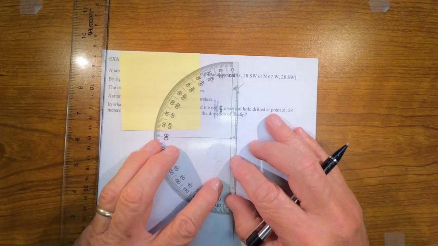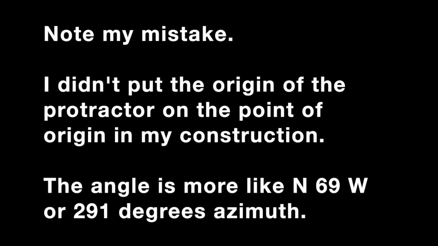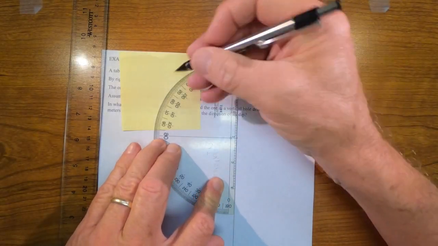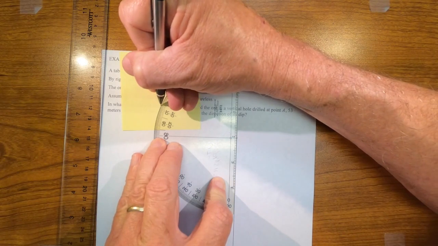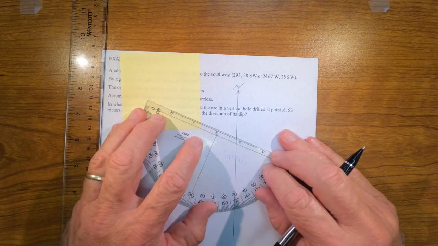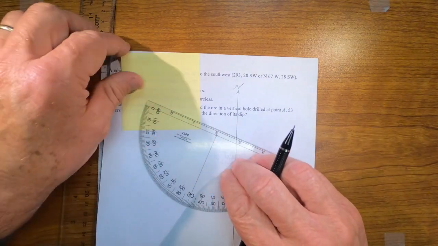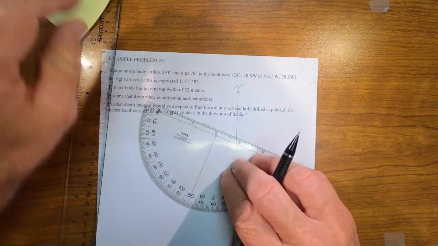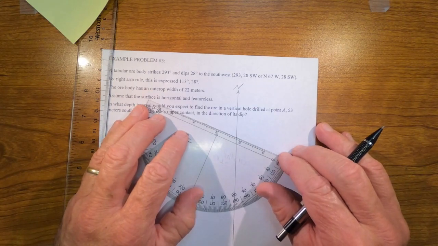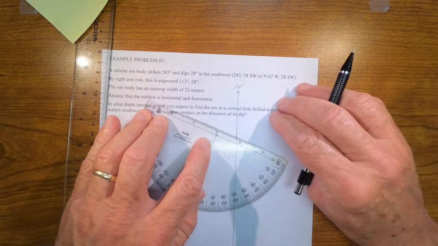North 67 West will be 65, 6, 7, right there. All right, so that's North 67 West. And of course, I'm going to lift that tab in a second. That is that line right there. North 67 West. Okay?